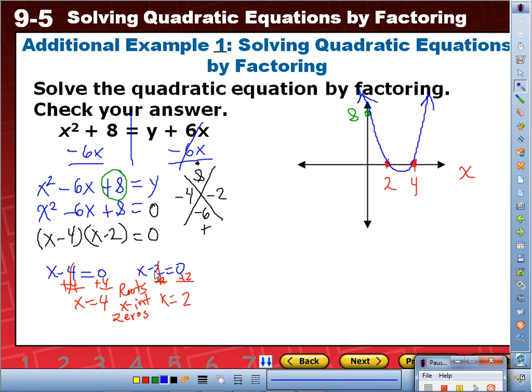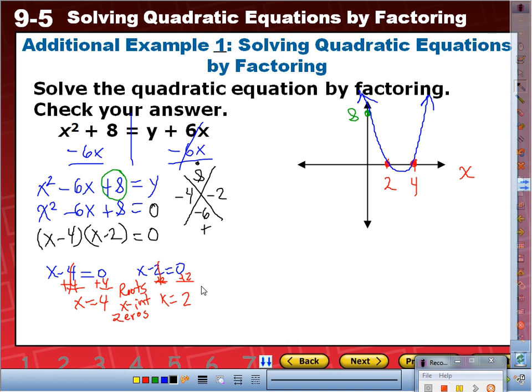Yes. When we set each one equal to 0 and we find the values of x, this right here is our solution. We would be done. Like the homework is going to ask you, solve the quadratic equation by factoring. All you have to do is this process.